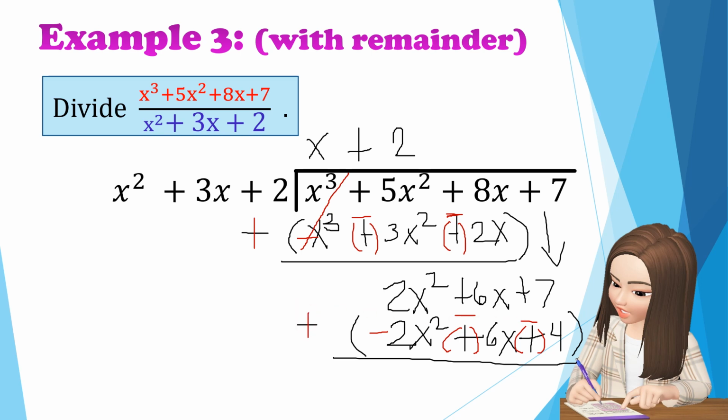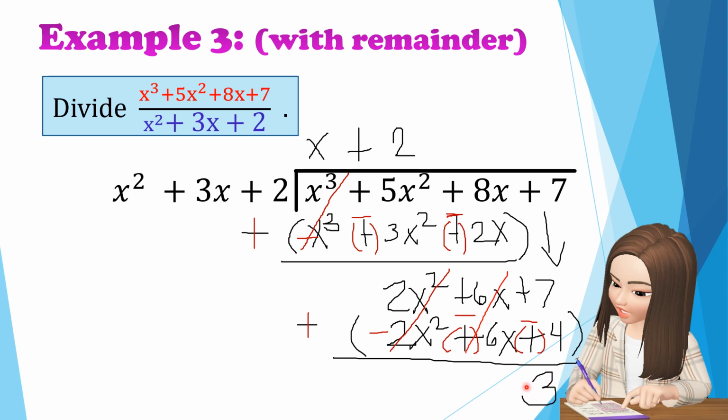Now let's add. 2x squared plus negative 2x squared, this will be cancelled because this is equal to 0. Now, 6x plus negative 6x, this is again cancelled because this is equal to 0. So we have here positive 7 plus negative 4, this is equal to positive 3. And the 3 here is our remainder. Now, how do we write the remainder?